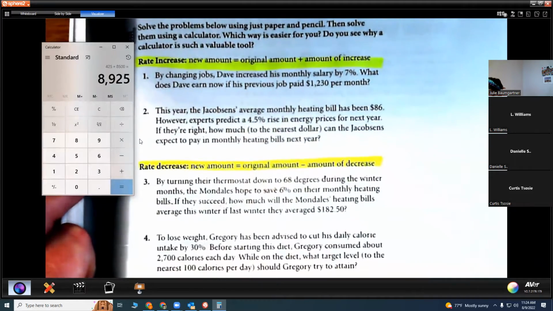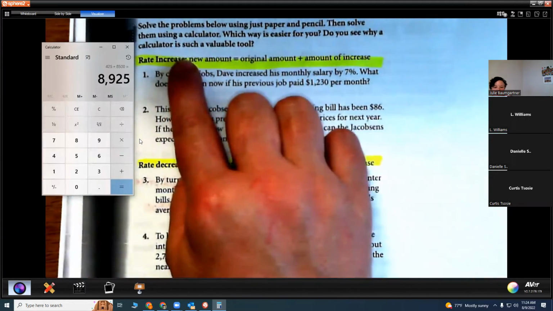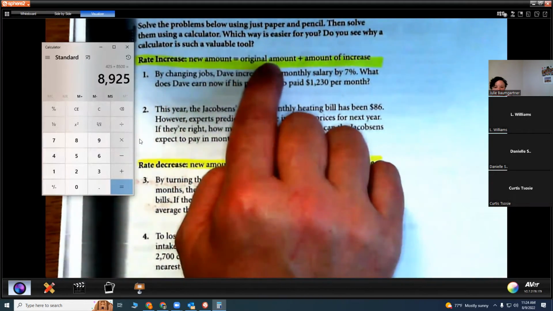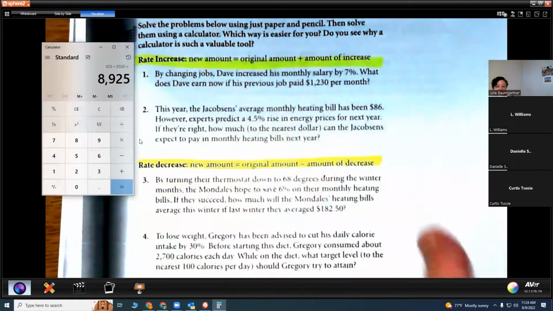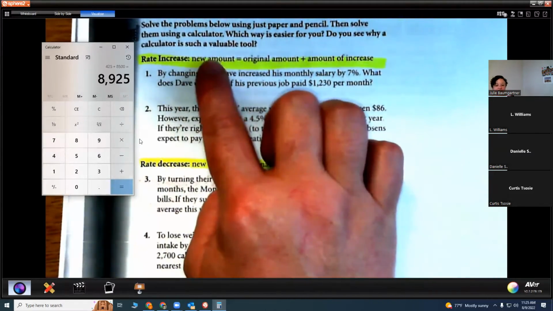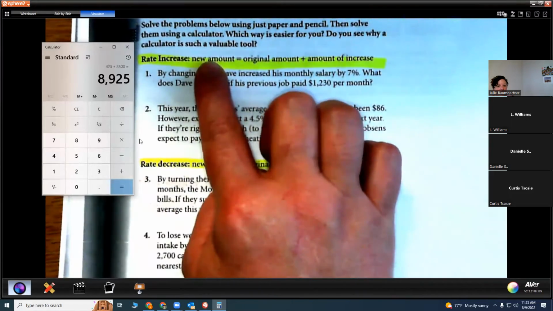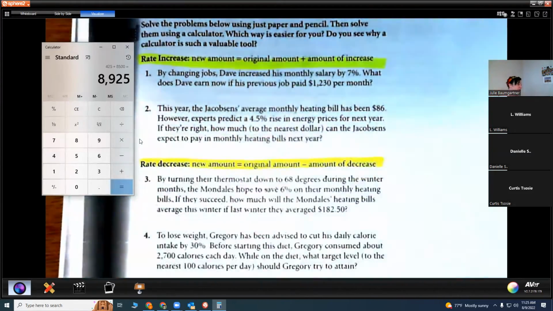We might see a discount. Okay. So if we have a rate increase, the new amount is going to be the original amount plus the amount of the increase. And so that's what we saw in our last example. The purchase price of the car was equal to the listed price plus the sales tax.